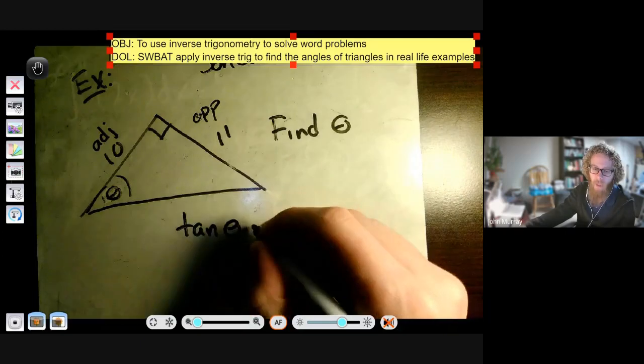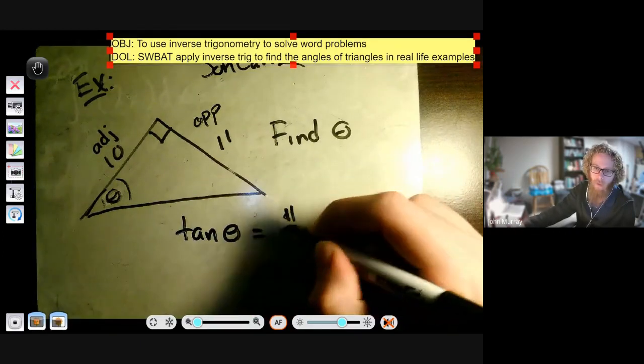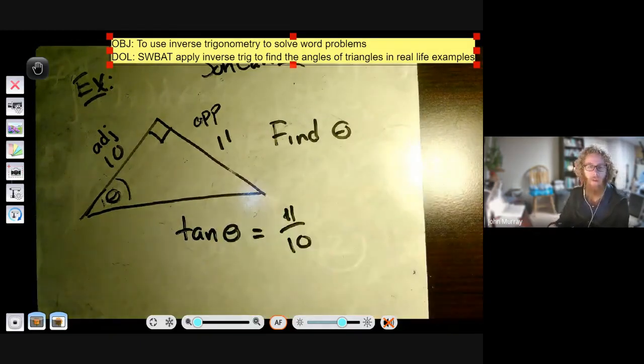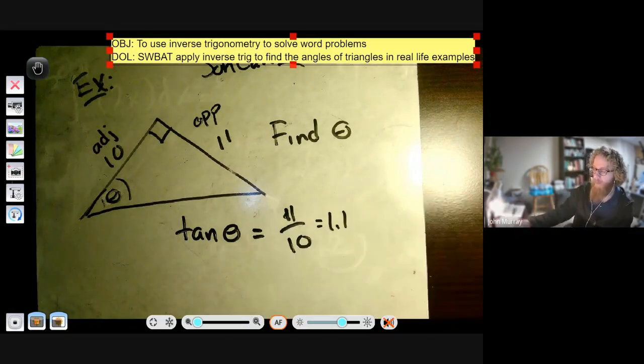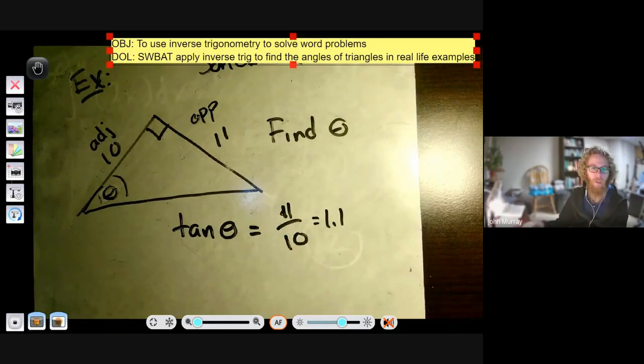All right, so using the tangent, I'll do the long way. I'll set it up first. The tangent is the opposite, 11, over my adjacent, 10. So with our normal trig, the tangent of our angle is equal to 11 over 10, which would be 1.1. I'll use the decimal this time just to show you it doesn't really matter.